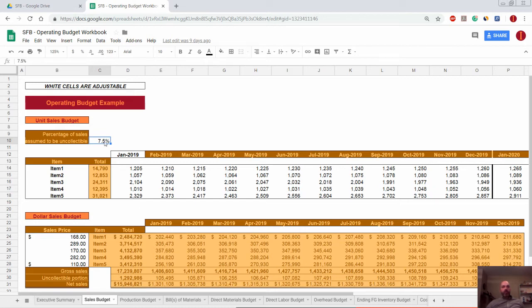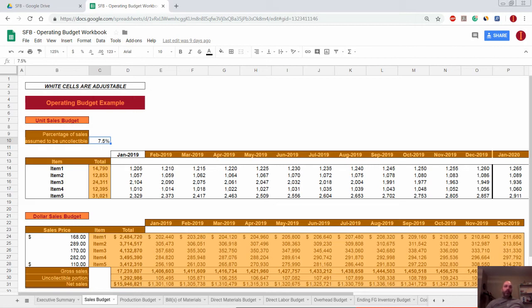The first variable here is kind of a bummer, but it's the percentage of sales assumed to be uncollectible. And that's exactly what it sounds like. It's the dollar percentage of your sales that you expect you won't be able to collect on. It's a reality of business, unfortunately. Customers run into cash flow problems.